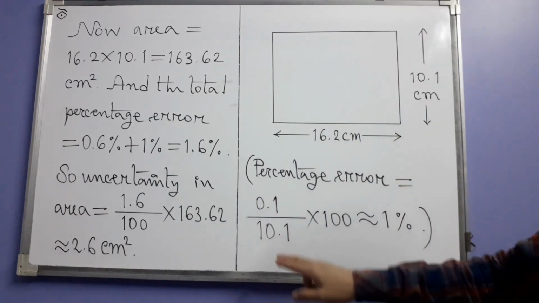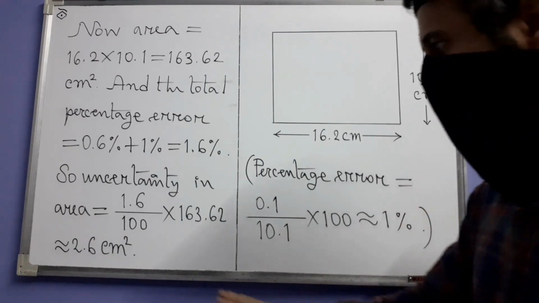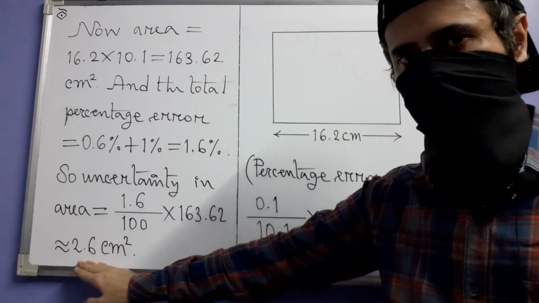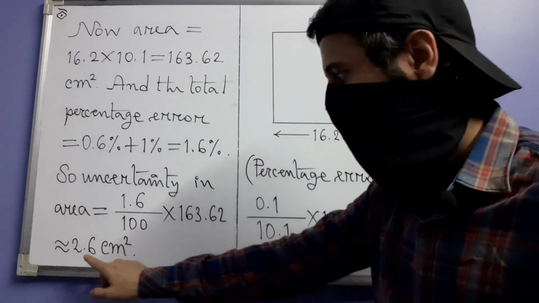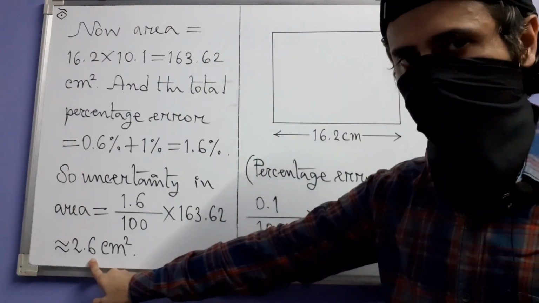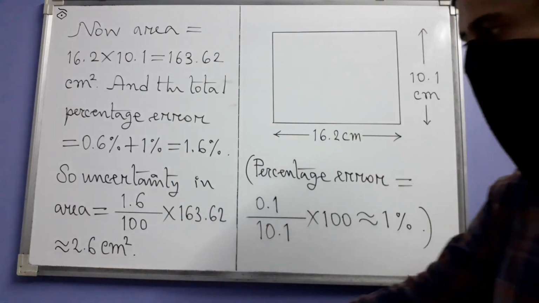But ultimately, after adding and getting this value as the uncertainty in area, how many digits do you see here? Non-zero, 2. So here also you have to make it 1.